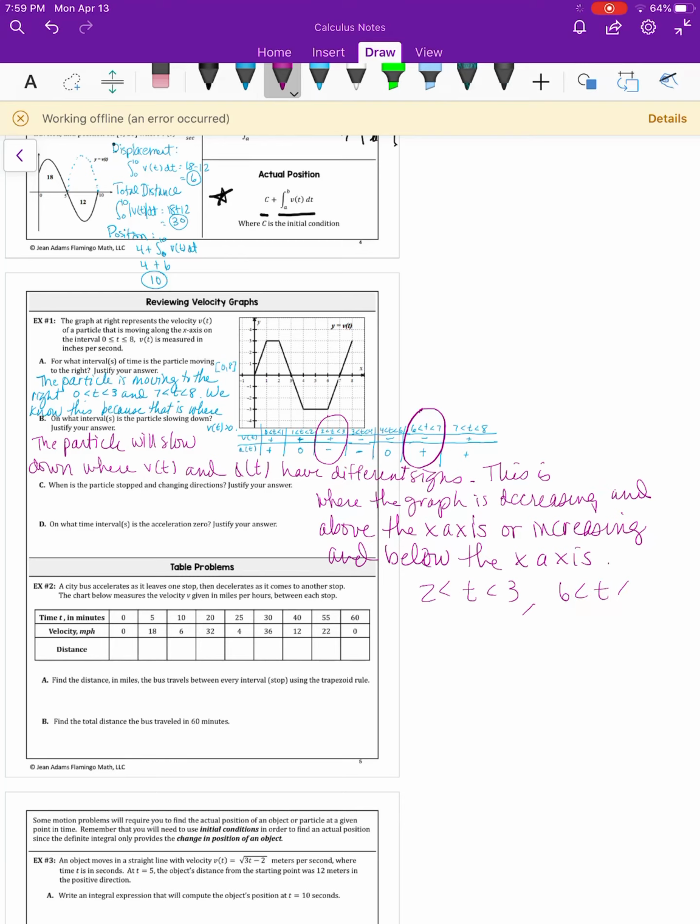And so that is going to be for the t values from 2 to 3 and from 6 to 7, like we had circled, okay?